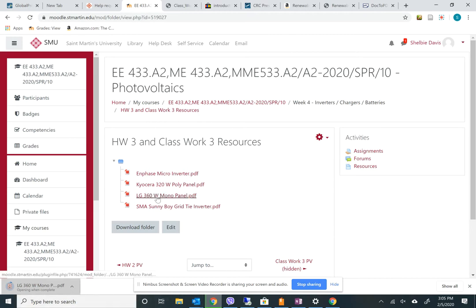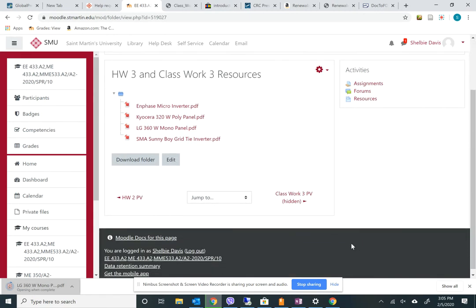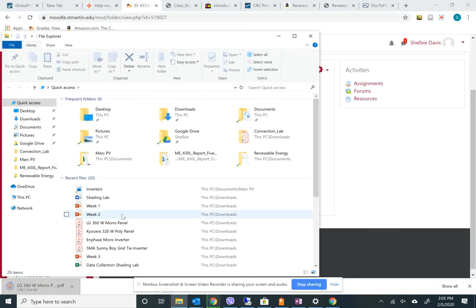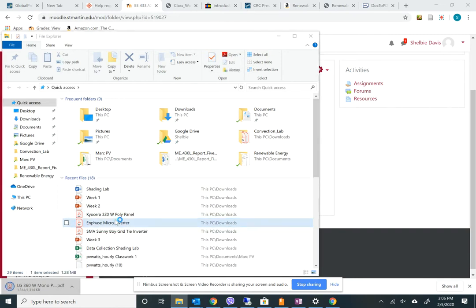The LG 360 watt mono panel is the one that you need to take a look at first, under classwork and homework 3. Yeah, there we go. That'll work.